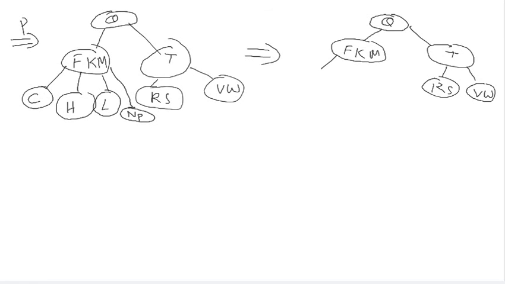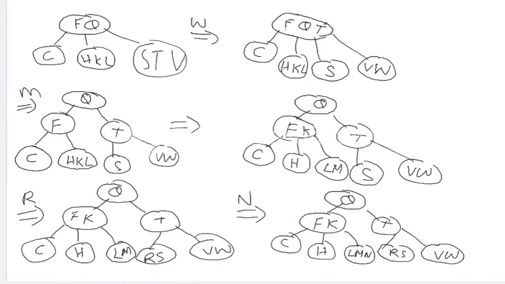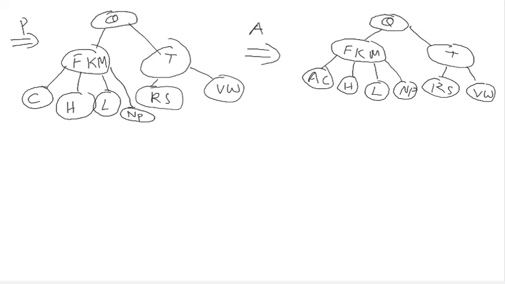Okay, note like this. When we are trying to insert A, it is not inserted here because this is a full node. So we need to split this first. When we split this, K will go to the root.